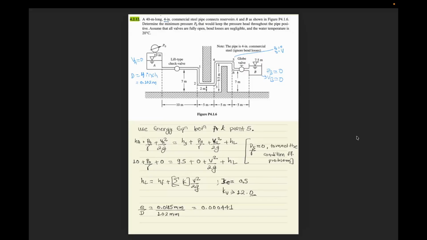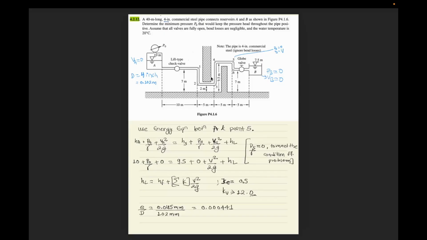One of the key insights here is that the most likely location for negative pressure is at the highest point and farthest from the pressure source. Here, points 4 and 5 are at the same height, but point 5 is further along, meaning more head loss has accumulated. Therefore, we can check the pressure at point 5. Now let us identify the critical point. When asked to keep pressure positive everywhere, we need to find where pressure is lowest.